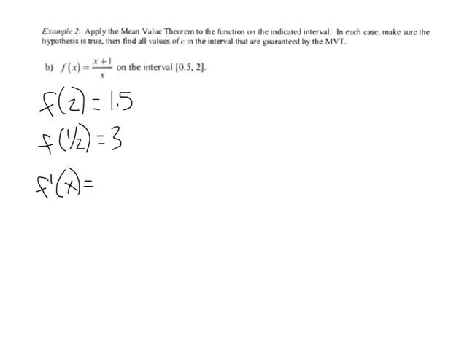If we did the quotient rule, see if you can figure out what I'm doing here, I'd have x times 1 minus x plus 1 times 1, divided by x squared. You guys see where that's coming from? That's low d high minus high d low, square the low, over square the low, and away we go. Okay, so we're set with that.